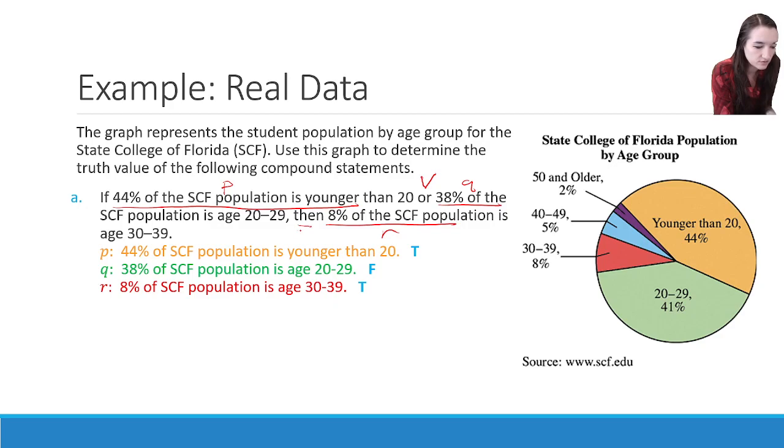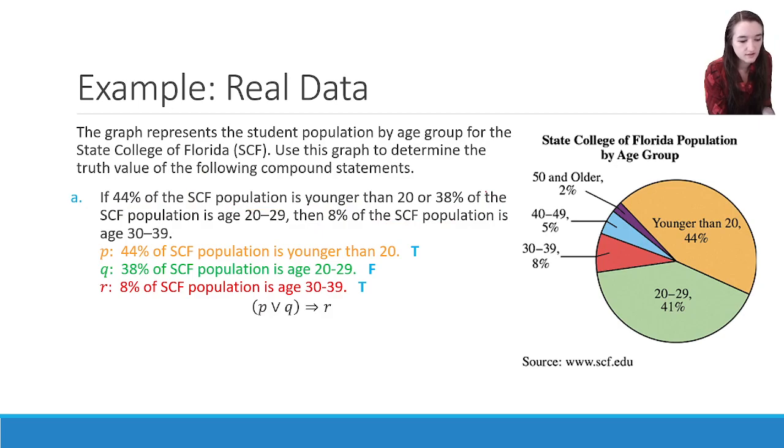And then we've got an if then, so we've got an arrow, and we just need to think about where does that parenthesis go? Well, we've got a comma here, so that means we'll put parentheses around this side to get P or Q implies R. Now we plug in our specific truth values, so that'll be T or F implies T, right? Just using these values right here.